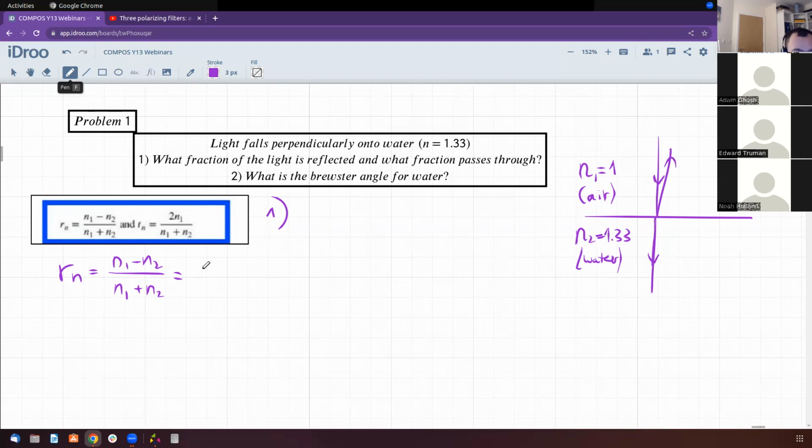It's a negative value. 1 minus, oh, it's minus 0.33 divided by 2.33. I'm assuming I just take the modulus.